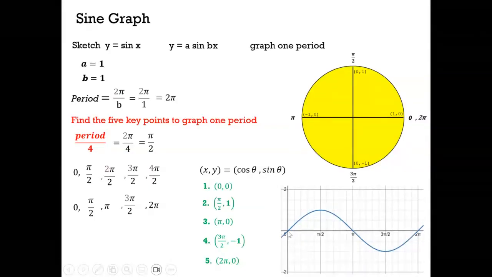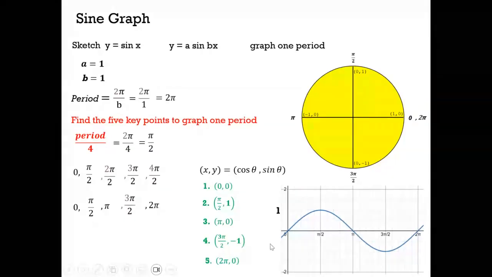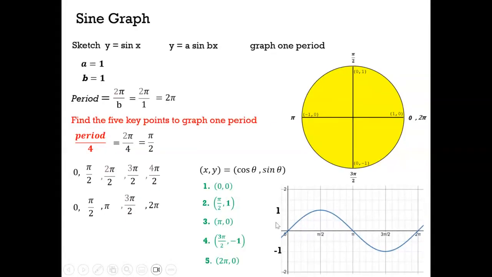Okay, here we go. So this is how it is, one period. My amplitude will be from -1 to 1. That's my amplitude because my A is equal to 1. So my first point is going to be 0, 0, which is right here at the corner. My second point will be pi over 2, 1, which will be that point right there, which is the maximum.